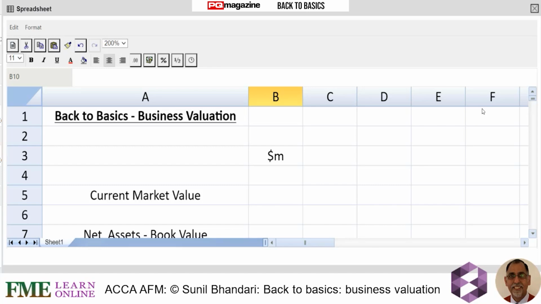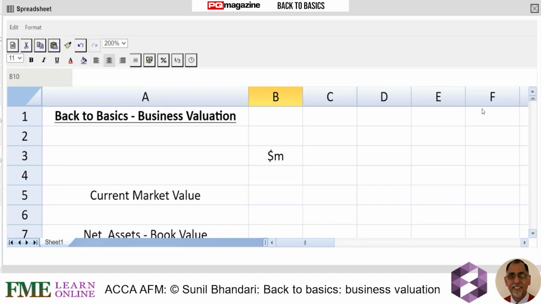The article goes through, as you would expect, the basic principles of how to find the value of equity. What I'm going to do in this video presentation is show you how you take the calculations presented in the article and how you actually put them into an exam situation using the ACCA's CBE practice platform.